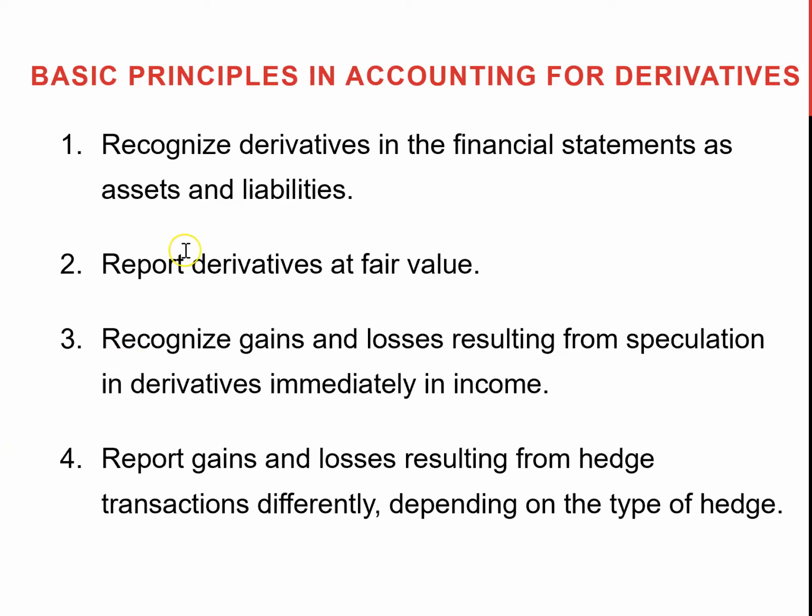You have to recognize those as assets or liabilities depending on the exposure, and you have to record all derivatives at fair values, and you have to also record any gain or losses related to those derivatives immediately so that it reflects in your income.